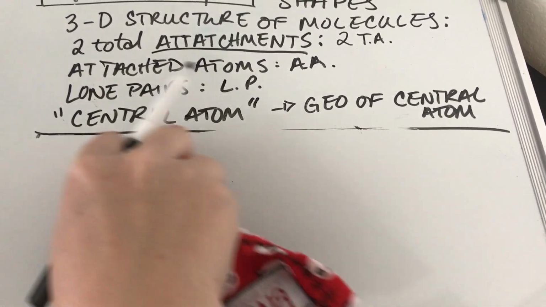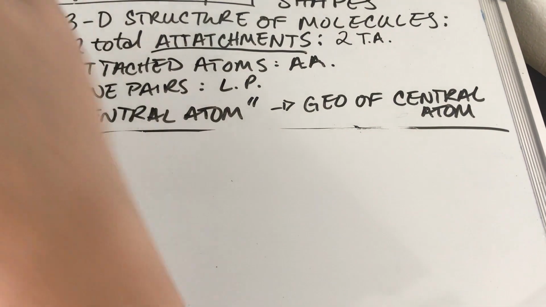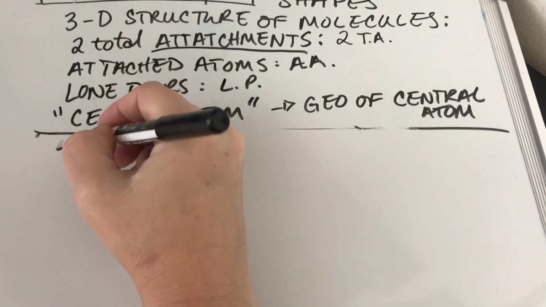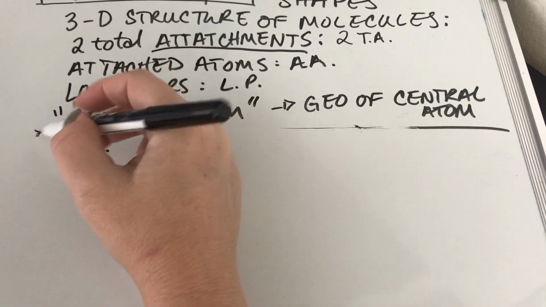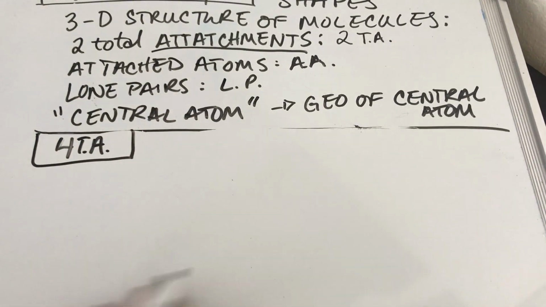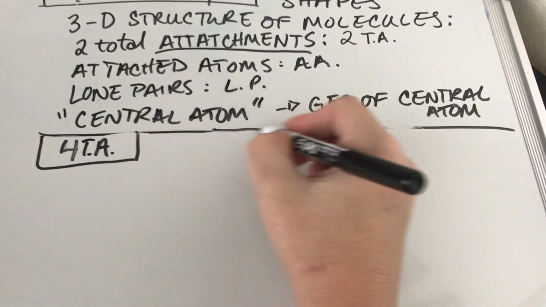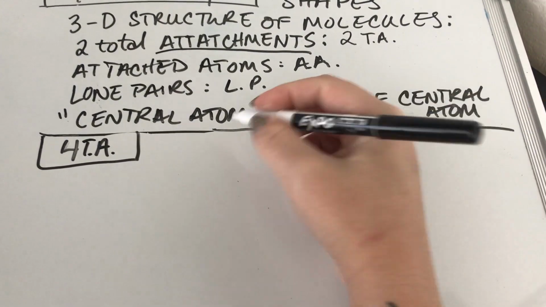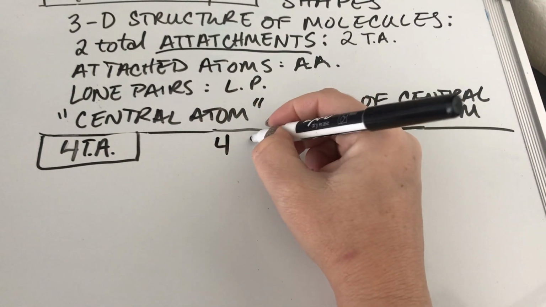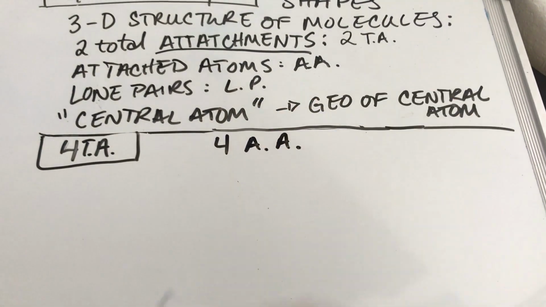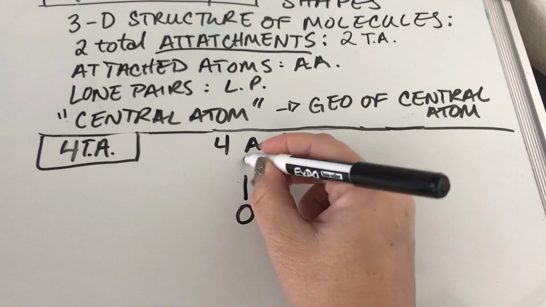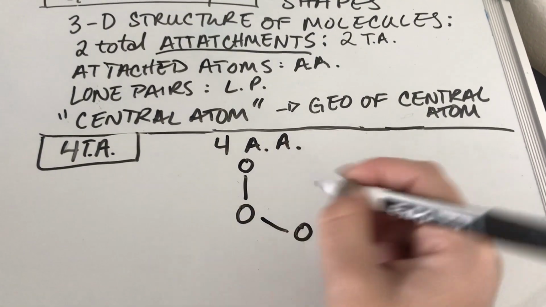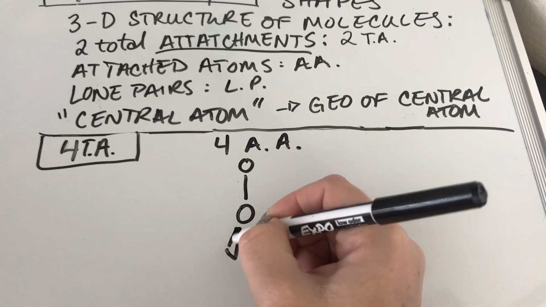So now we got to get up to 4 total attachments. If I have 4 attached atoms, that is going to look like this.